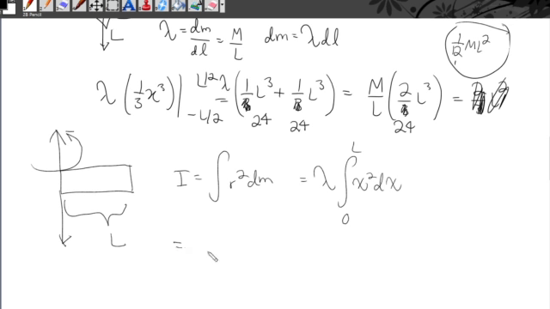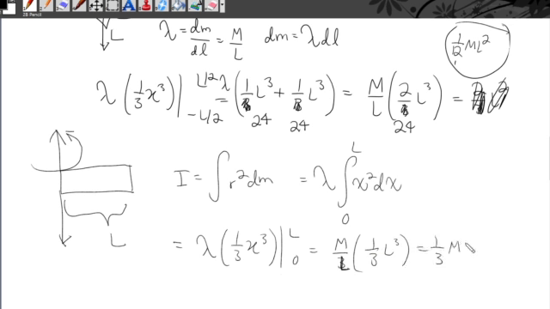And so if we integrate it, we have lambda times 1/3 x cubed, which gives us m over l, because that's lambda, times 1/3 l cubed, which then gives us 1/3 ml squared, which is different from this 1/12 ml squared.